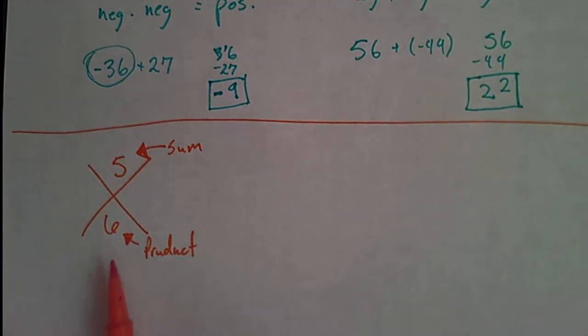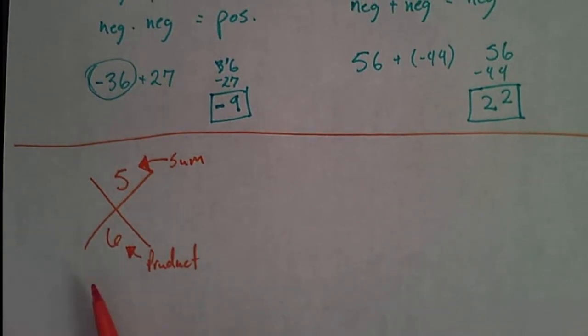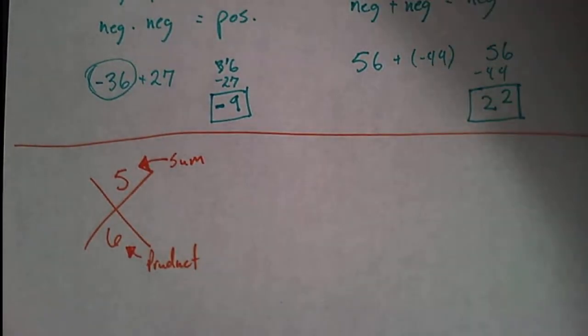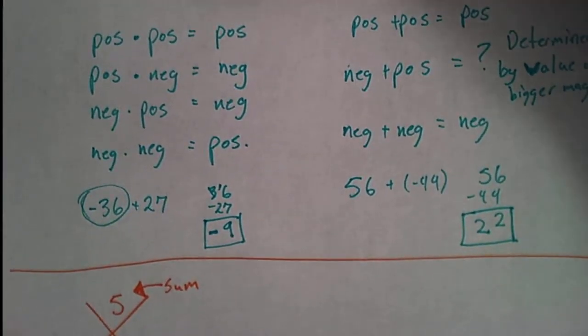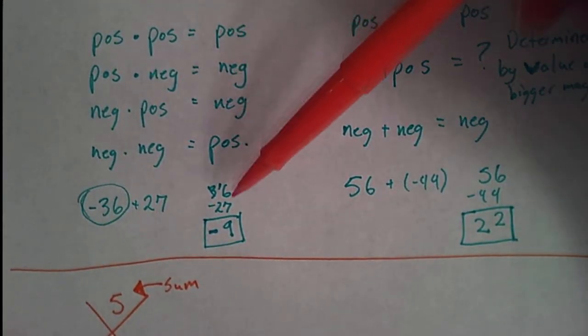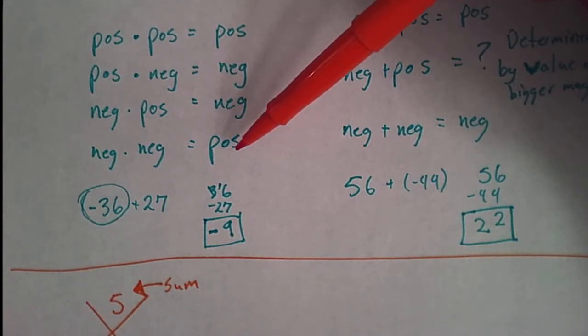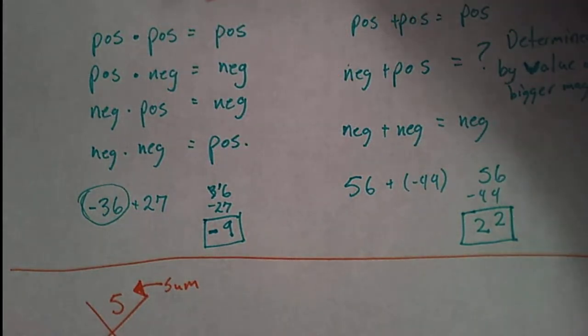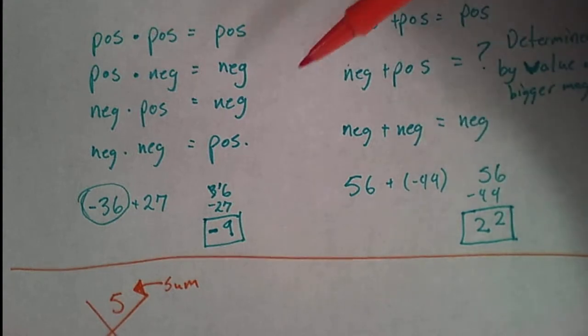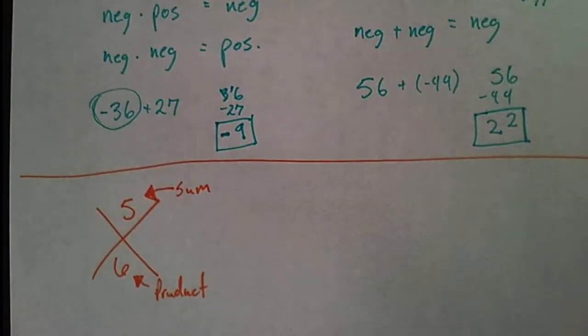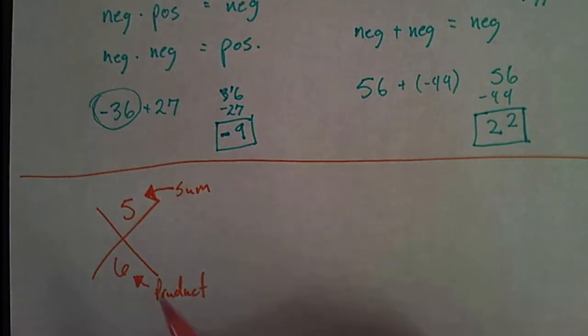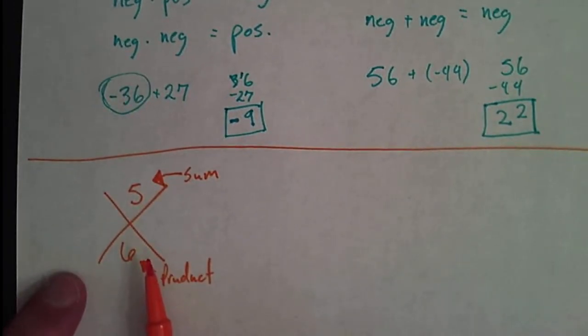But if they have a product that's positive, then we know that we either have two positives or two negatives being multiplied together. So the only place where those line up is two positive numbers. That's the first clue we know here.